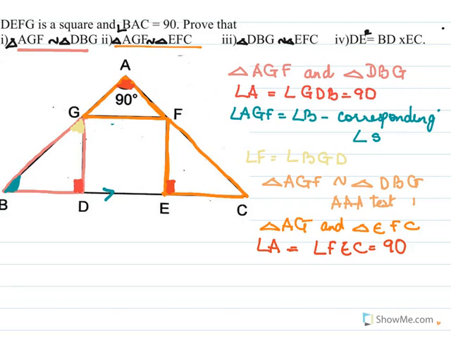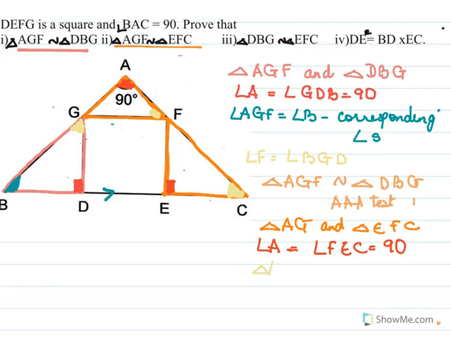Next we'll mark the corresponding angles. If you recollect, we marked this angle in this yellow color. So this angle and C will be equal, corresponding angles.